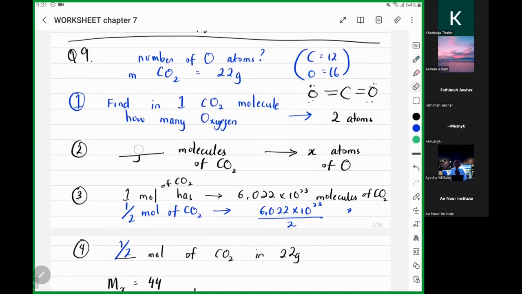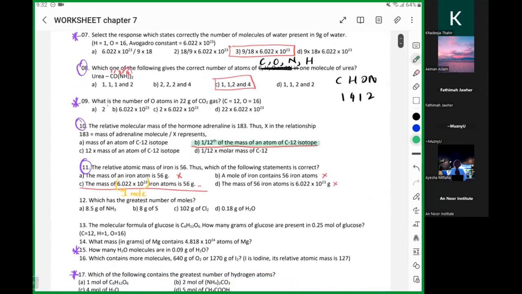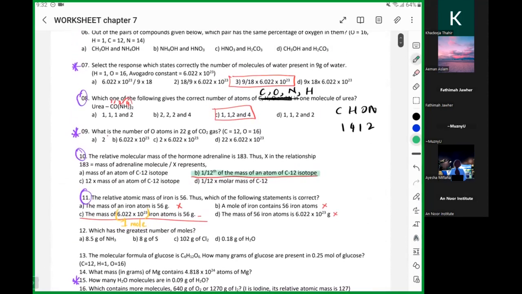So now we know our Y. Now we know this value: 6.022 into 10 to the power 23 divided by 2. That is our molecules of CO2. So now how many atoms of oxygen? So what is X equal to? We have to multiply it by 2, ne? So it will be 6.022 into 10 to the power 23. So your answer will be the 9th one. Answer is B.